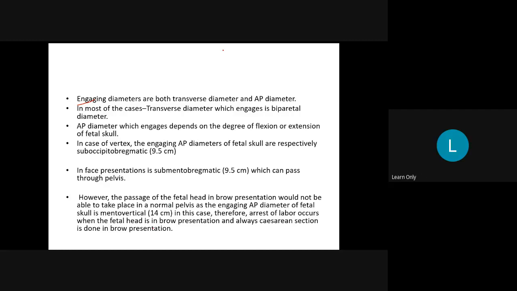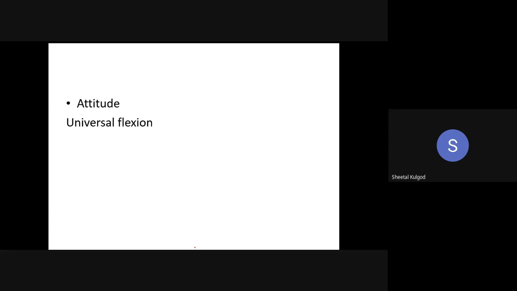Fine. So continuing with the presentation, there are a few terminologies you have to understand. One is attitude. Attitude is the overall position, or the relationship of each part of the fetus to one another.